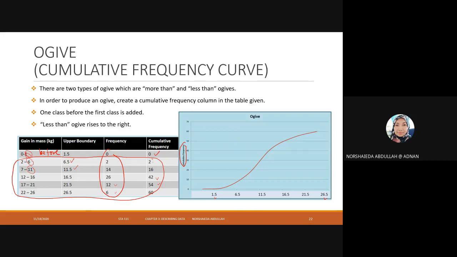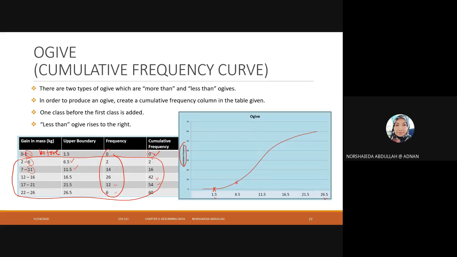Okay, so and then we plot the first class, the class before the first class, upper boundary 1.5, cumulative frequency dia 0. So dekat sini 1.5, 0. And then the first class 6.5, cumulative frequency is 2. Lebih kurang lah ya kat sini.